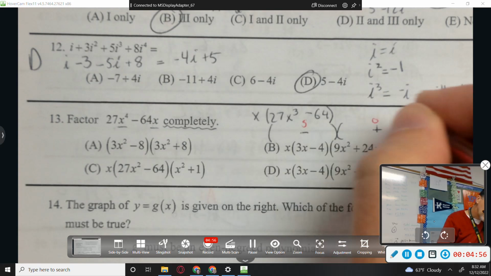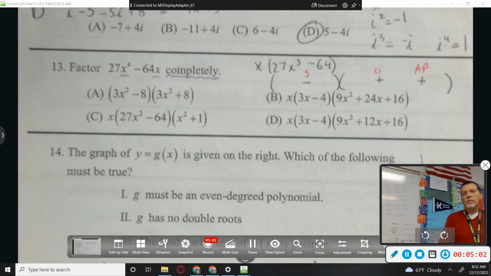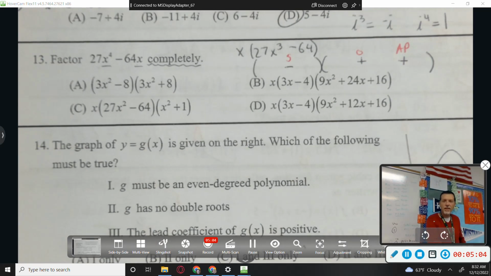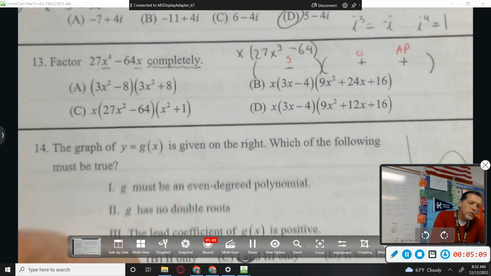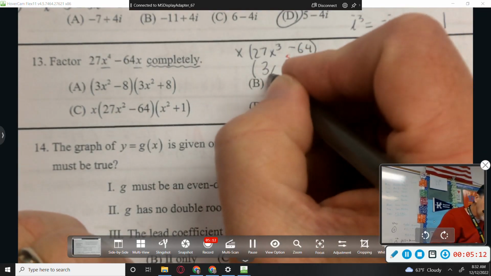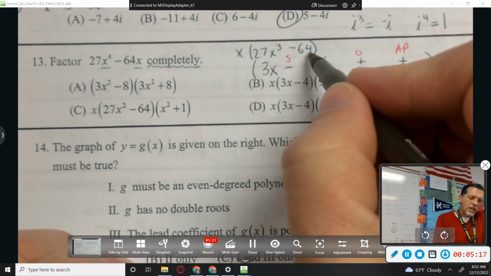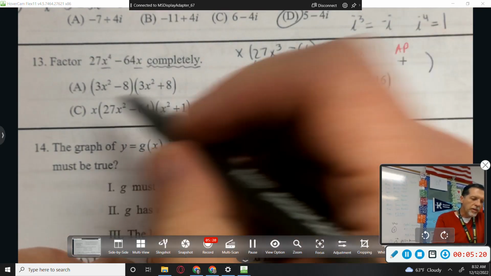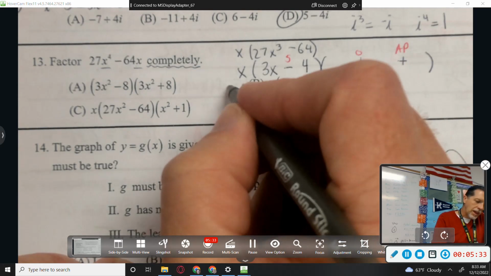SOAP. I haven't used SOAP in a long time, and it really shows. We start with the cube root of each piece. So 3x. If I cube 3x, I get 27x cubed. The cube root of 64, especially if you start looking at your answer choices, is 4. And don't forget the x out front. So it's looking like B or D here.